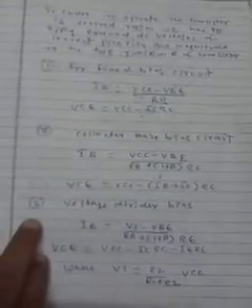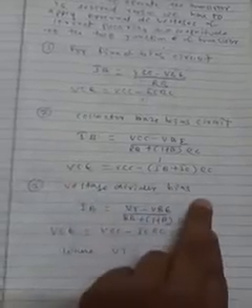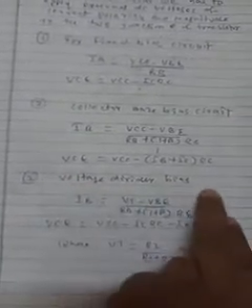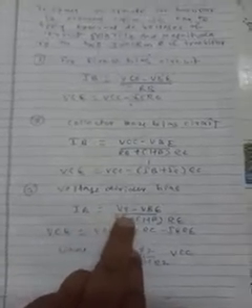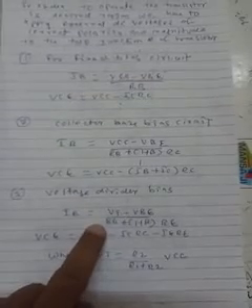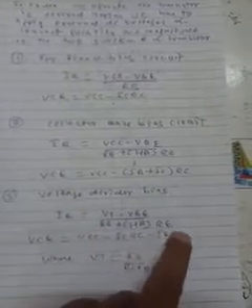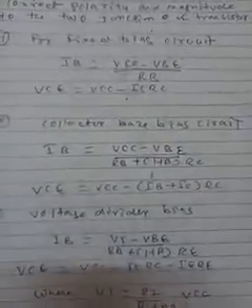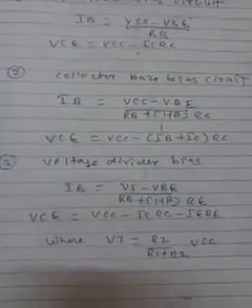Next, the third one is the voltage divider bias, which is a widely used biasing technique. In that we get IB equal to VT minus VBE divided by RB plus (1 plus beta) RE. Please remember these are the equations for the voltage divider bias.